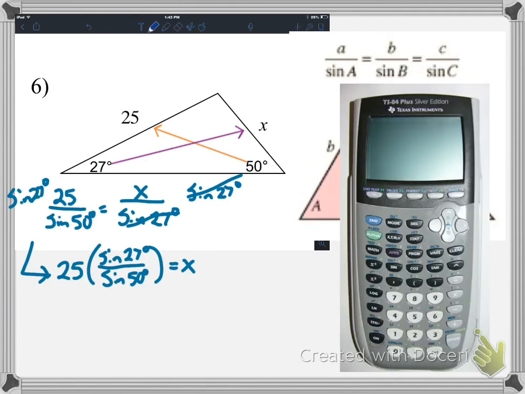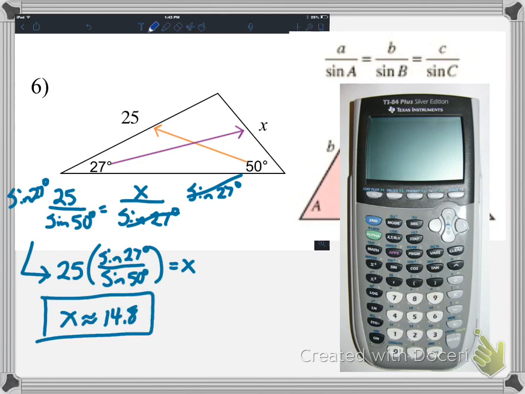So we can then plug that into our calculator, and I'm going to show you exactly what you need to type in your calculator. So you would type 25 times sine, and remember that's going to create an open parenthesis, 27, close the parenthesis, divided by sine again, which creates an open parenthesis, 50 degrees, close the parenthesis, enter.